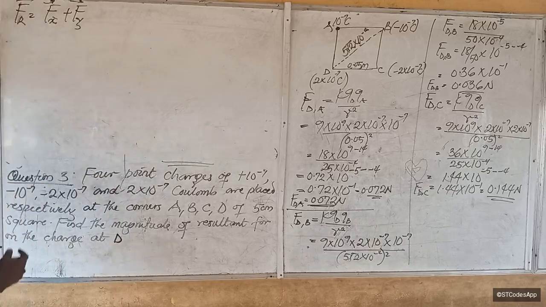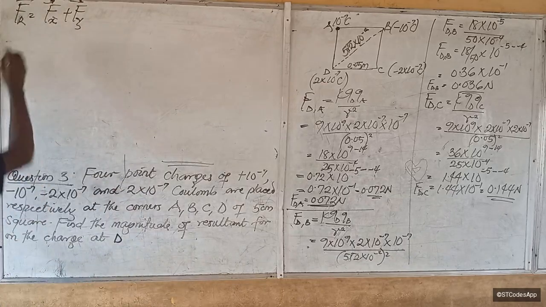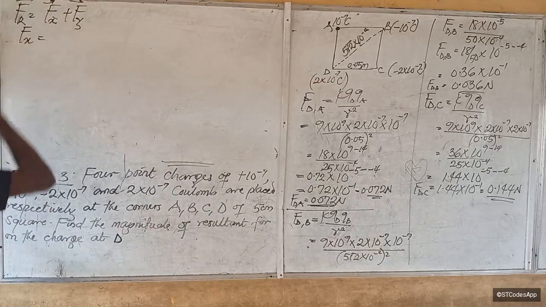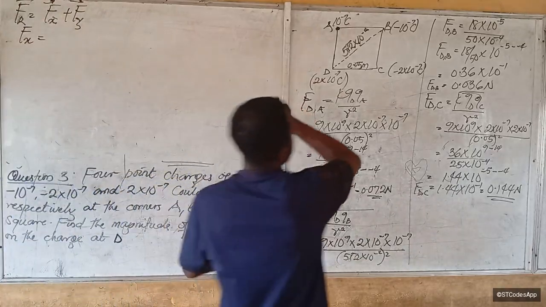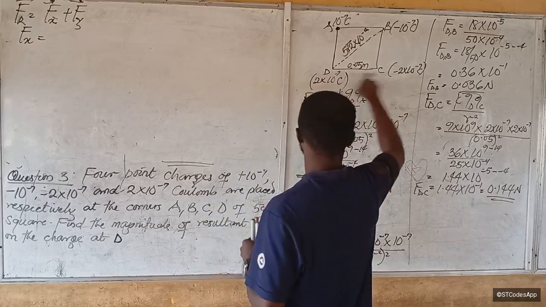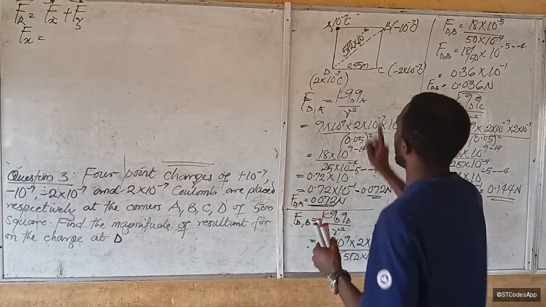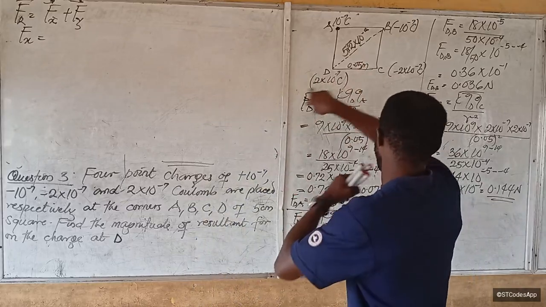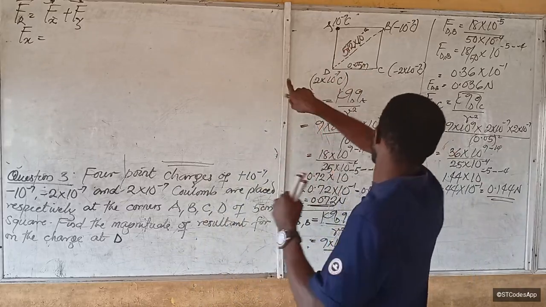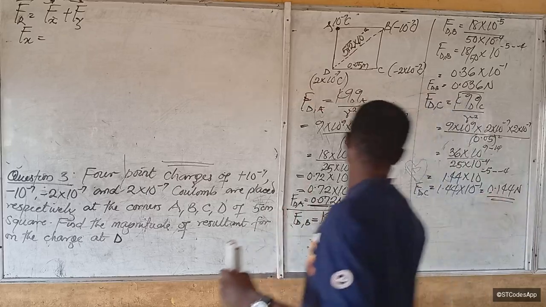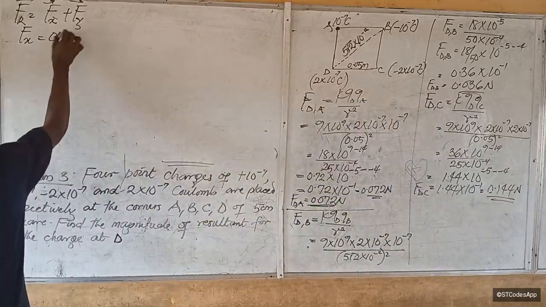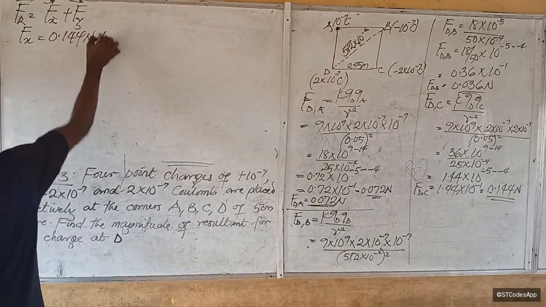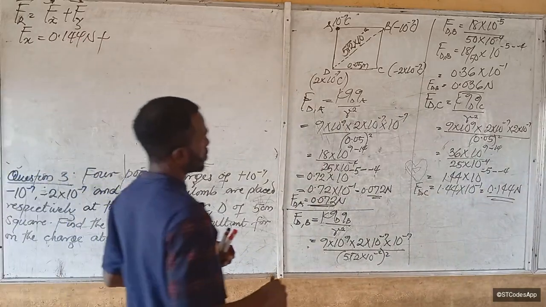So that will be the resultant force. Okay? So what are the forces on x-axis? The forces acting on x-axis, we have the FDC. FDA will be 0 because it's acting on y-axis. So FDC, which is 0.144 Newton plus, which one again is on x-axis?